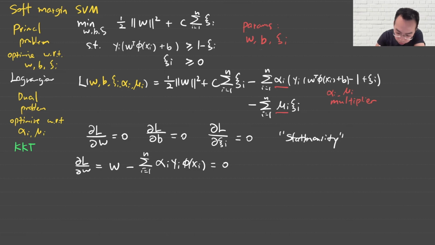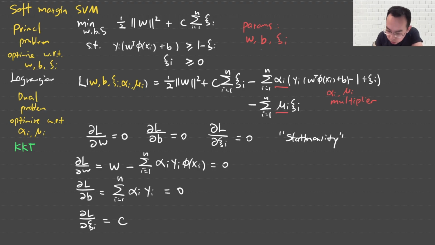Then the second one gives us equals 0. So the third one, first we have the C, and then the second term here, we also have psi i. So that's going to give us C minus alpha i minus mu i equals 0.